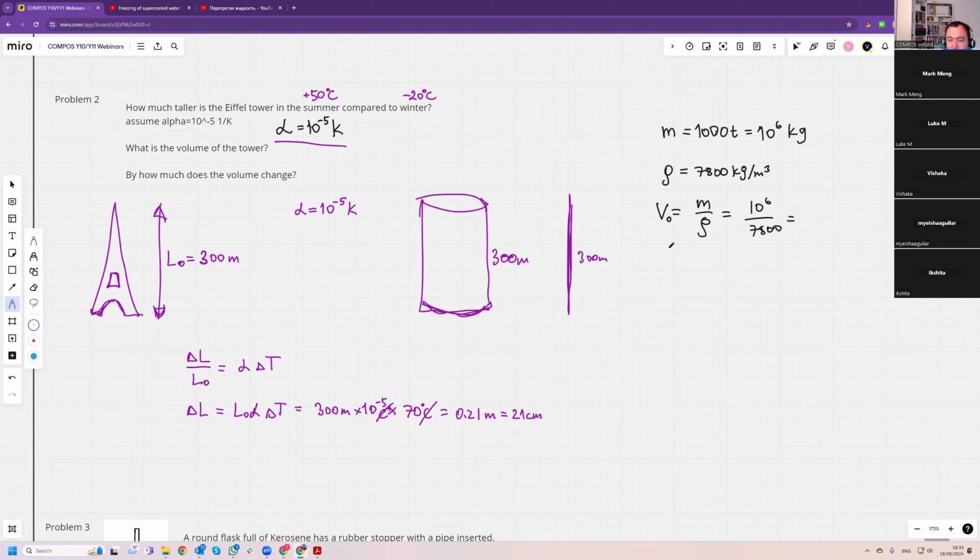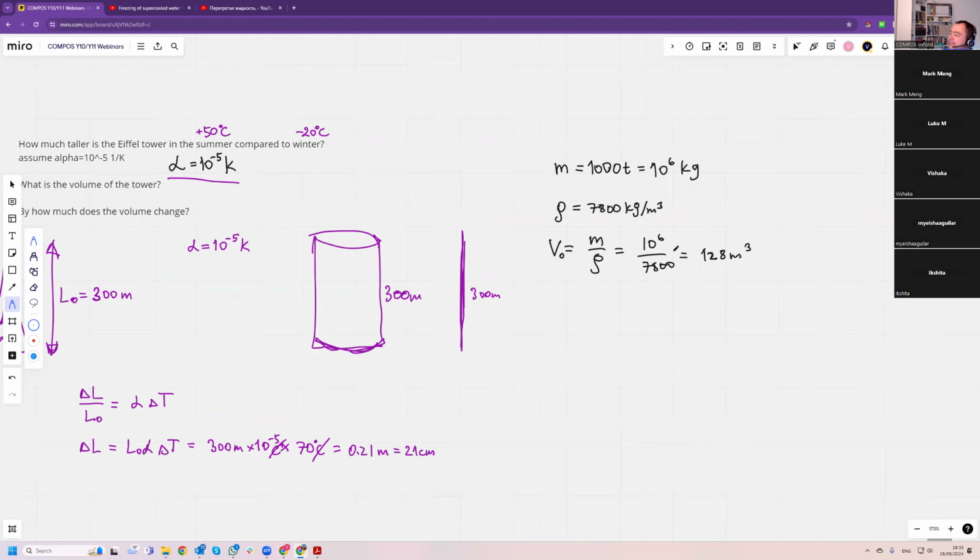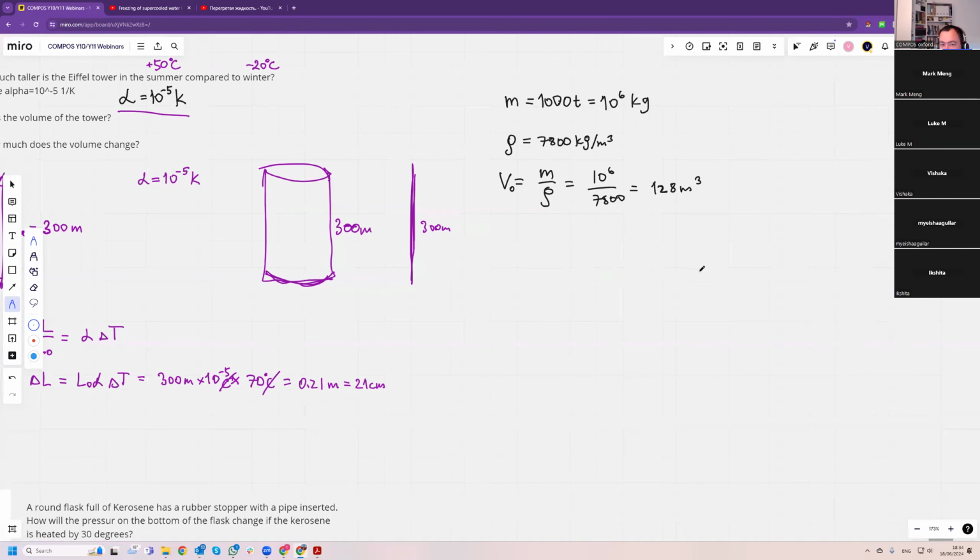So that's 128, about 128 cubic meters. I don't know if that sounds a lot, but what's 128 cubic meters?